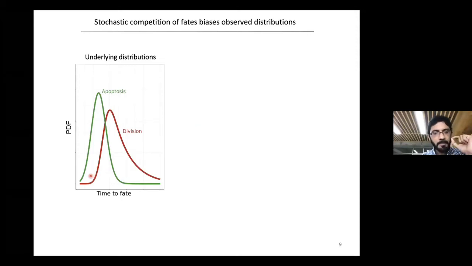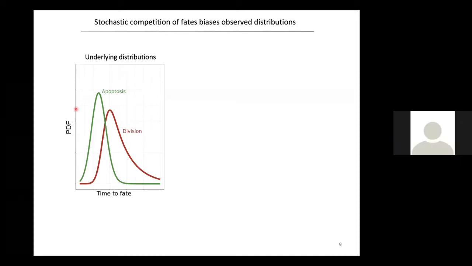Imagine we're doing a thought experiment, where the division time distributions are generated from this red distribution over here. The apoptosis time distributions are generated from this green distribution over here. So those are the underlying distributions that are inherently part of the cell cycle and cell death times.